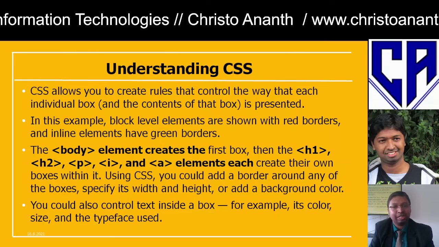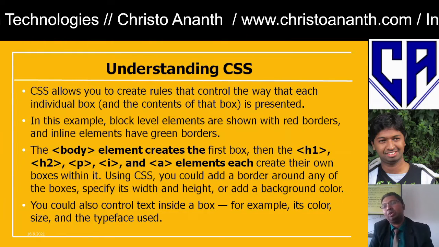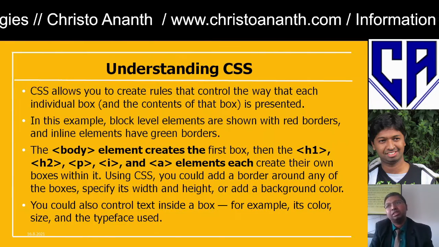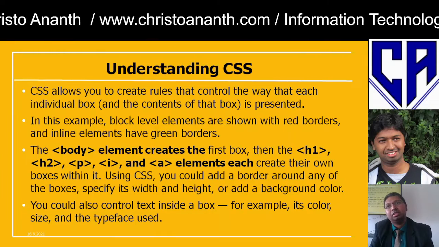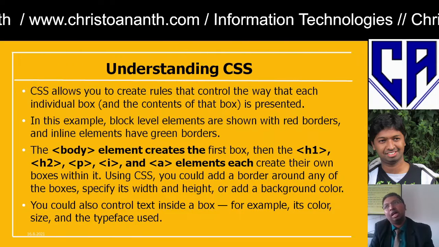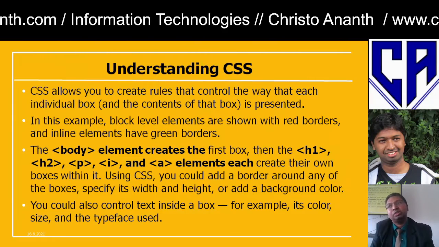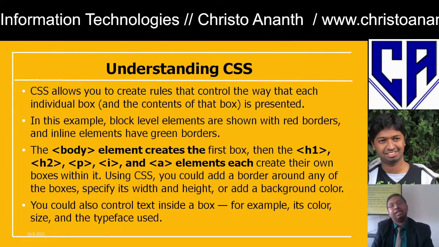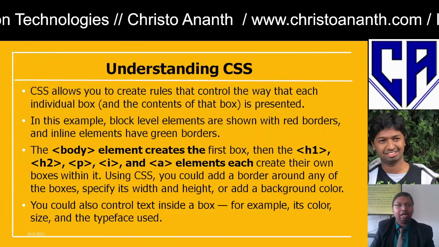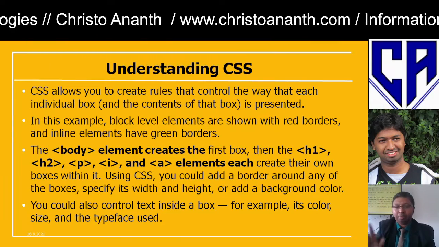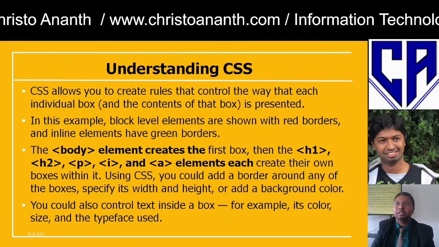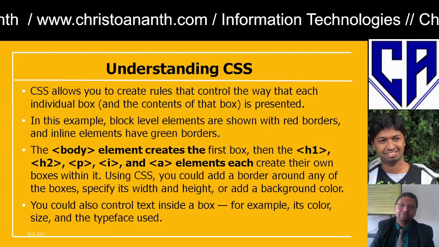So you will have this H1 heading, what is H1? H1 is the highest level heading. H2 is the second level heading. Okay. Then you will have the body element. You will have the P tag. What is the P tag? Paragraph.